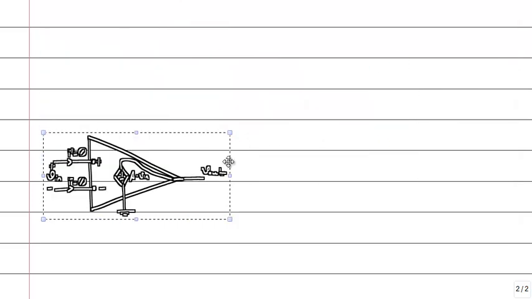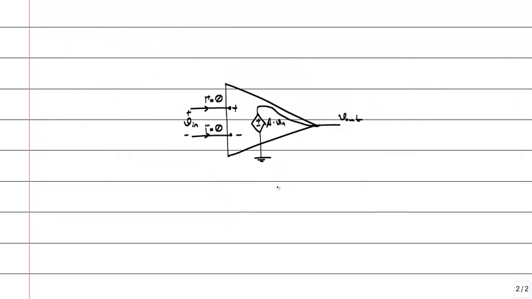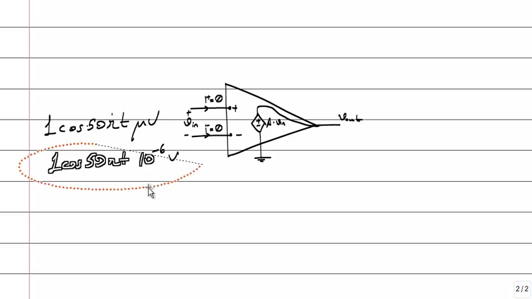If you go to a Radio Shack and buy an operational amplifier, for example, if you apply a voltage like that, 1 cos 50 pi t microvolts, meaning 1 cosine 50 pi t times 10 to the minus 6 volts, the output will be 1 million times higher.